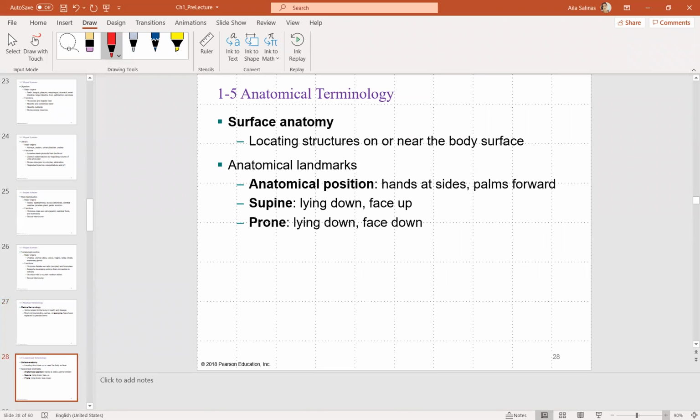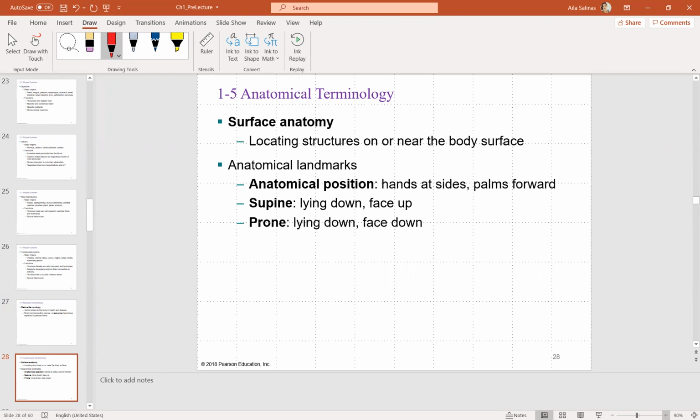So we have surface anatomy, which is the study of the structures near or on the body surface. We have what we call anatomical landmarks. One of the anatomical landmarks is the anatomical position.